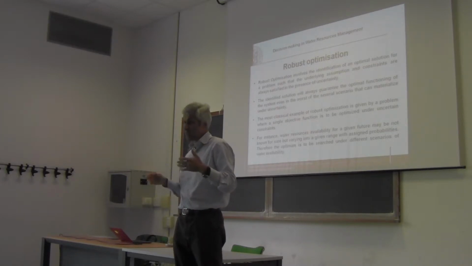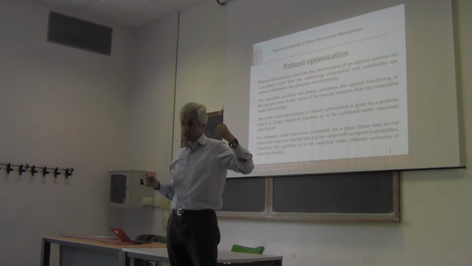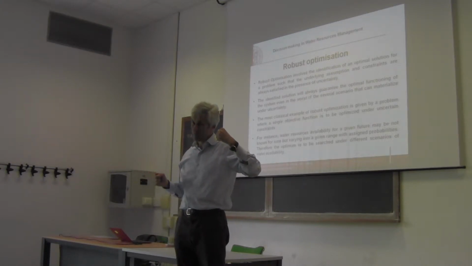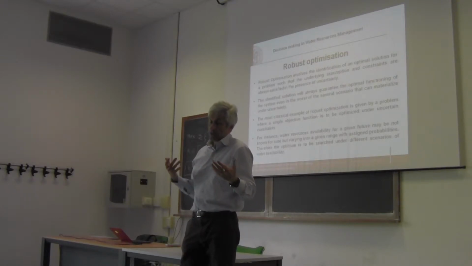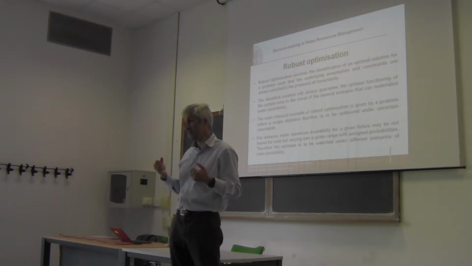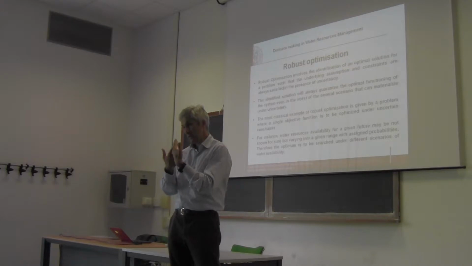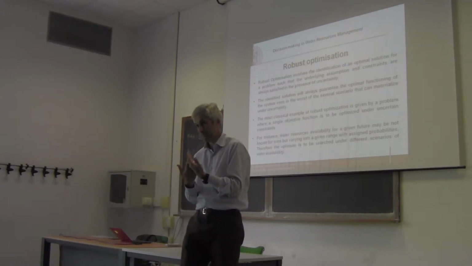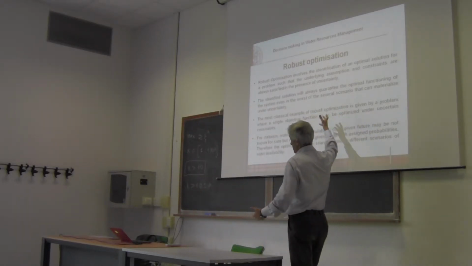If you are lucky, you may have a probabilistic assessment of uncertainty, but this is not often the case. So the outcome is that InfoGap at a certain point asks you to make an assessment of uncertainty which may be subjective. And therefore, it's not really widely used. And the same for robust optimization.